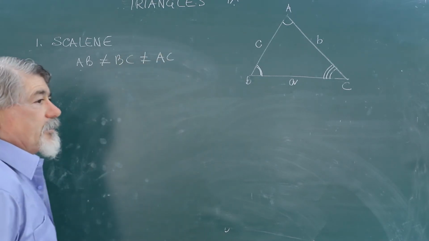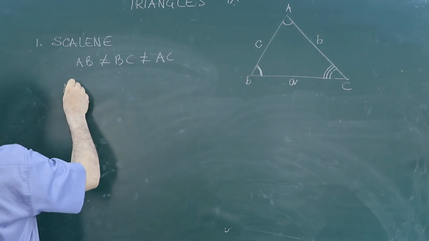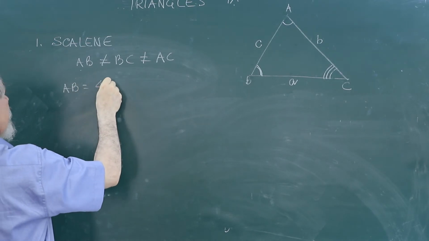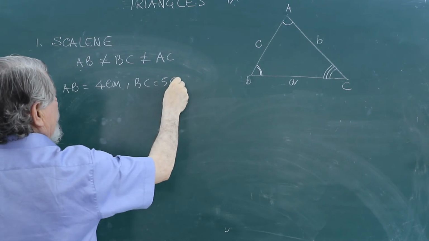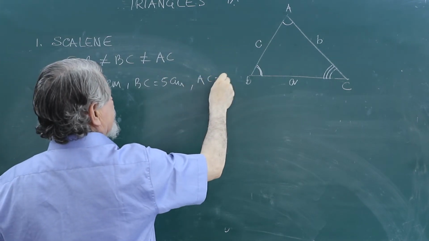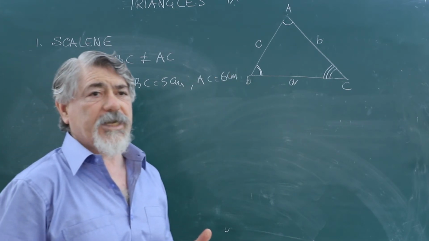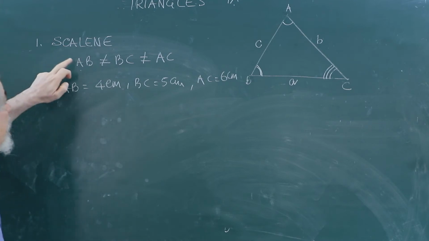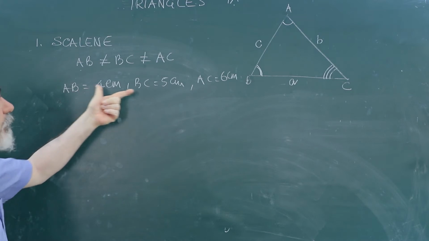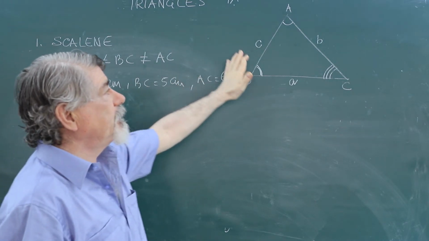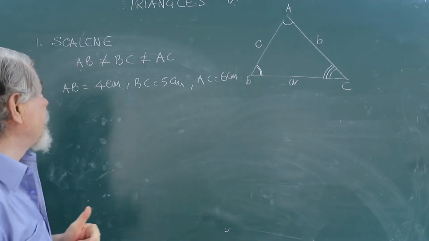For example, AB is 4 centimeter, BC is 5 centimeter, and AC is 6 centimeter. If the measurements of all the three sides of the triangle are different, then this kind of triangle is called a scalene triangle.